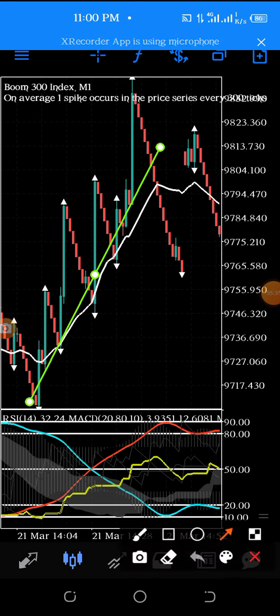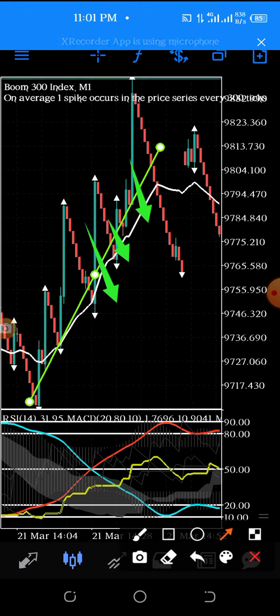You cut this spike, you cut this small one and cut this big one again. So you have cut three spikes. Then when you cut the first and second, you can even exit the trade and wait for another turning point. Wait for another opportunity to come, then you enter.